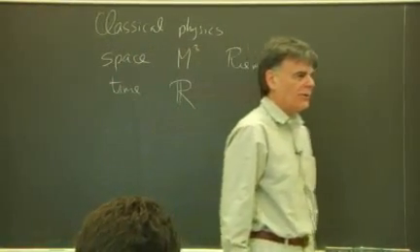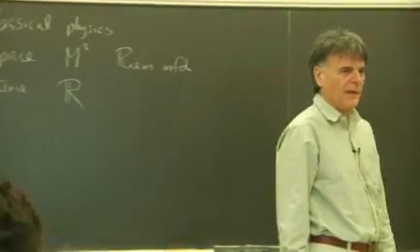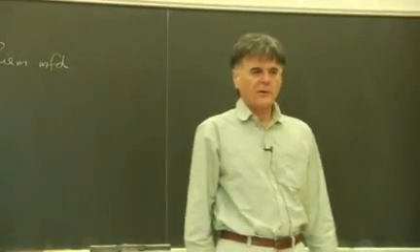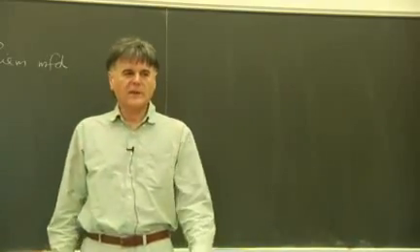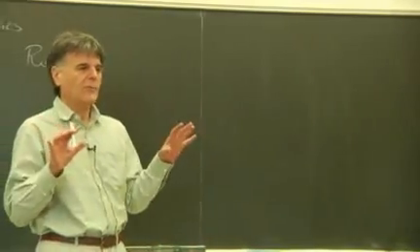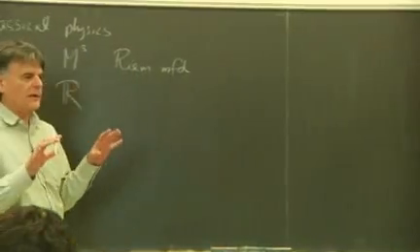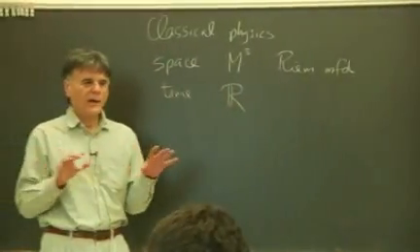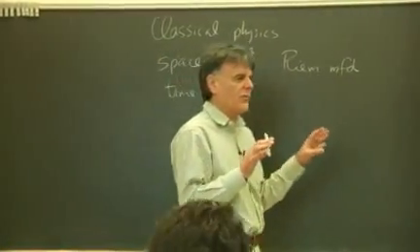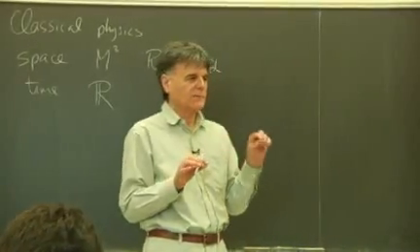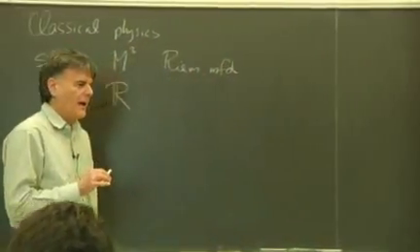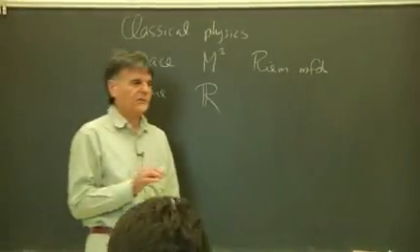Physics told you what the world was made of. So it said that the world was made up of particles sitting at points of space, or the world at any time. So it would describe the world at each time separately. The world at any time is made up of a set of particles which are just positioned at points in this manifold M. And those particles interact by means of fields.